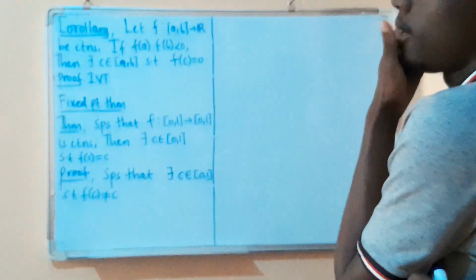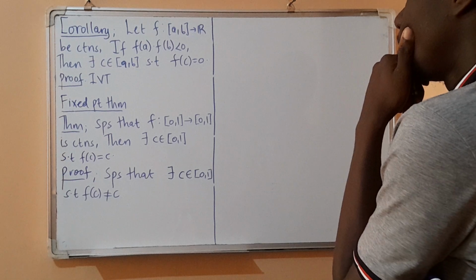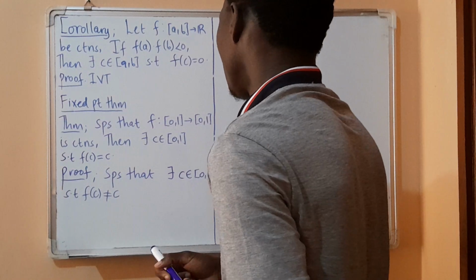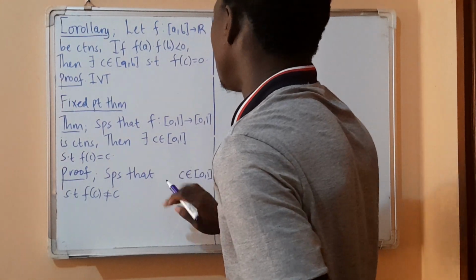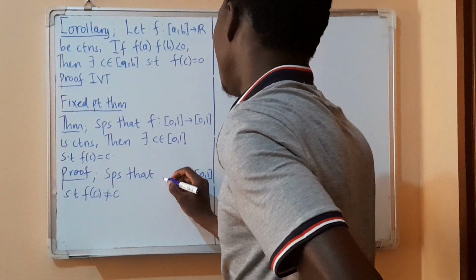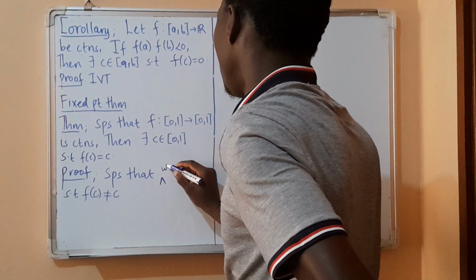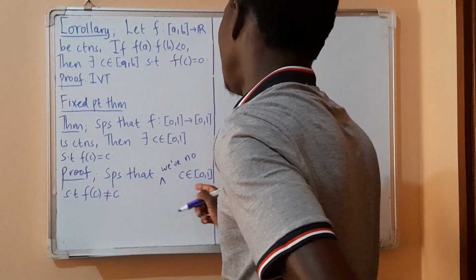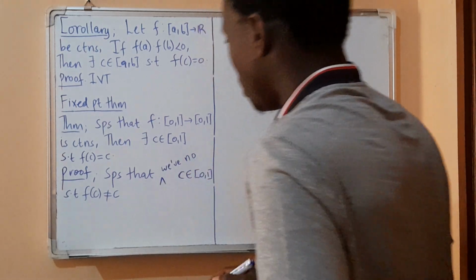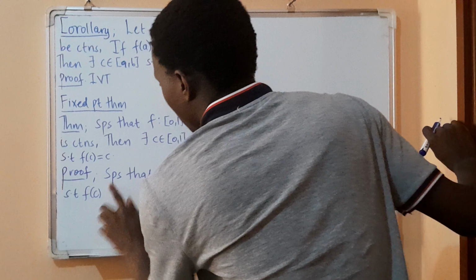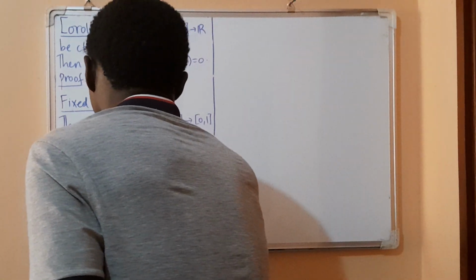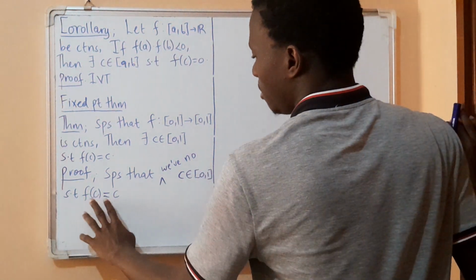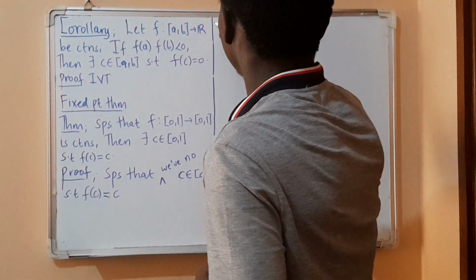Because I want to prove this by contradiction, suppose that there exists no c in this interval such that f of c is equal to c.